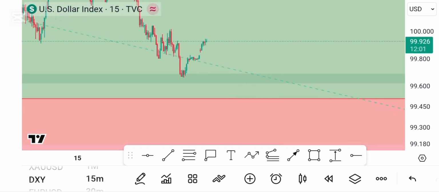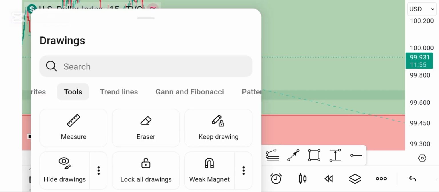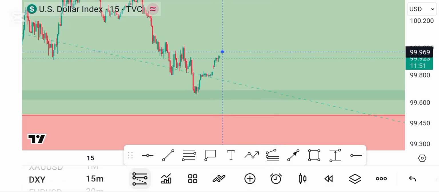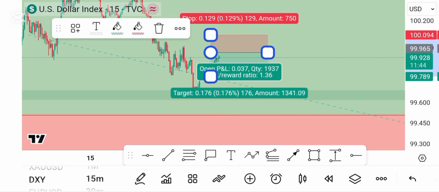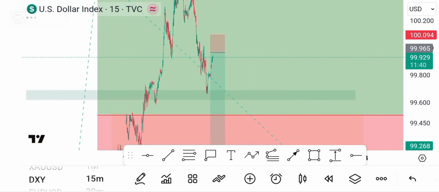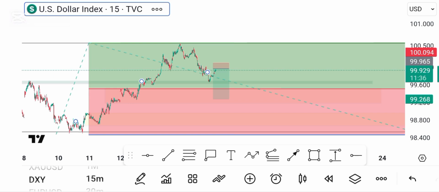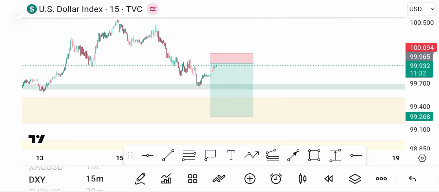If you are interested in counter entry or counter trading, you can take a short position at this level here, your stop loss somewhere here, and then all the way into this zone.